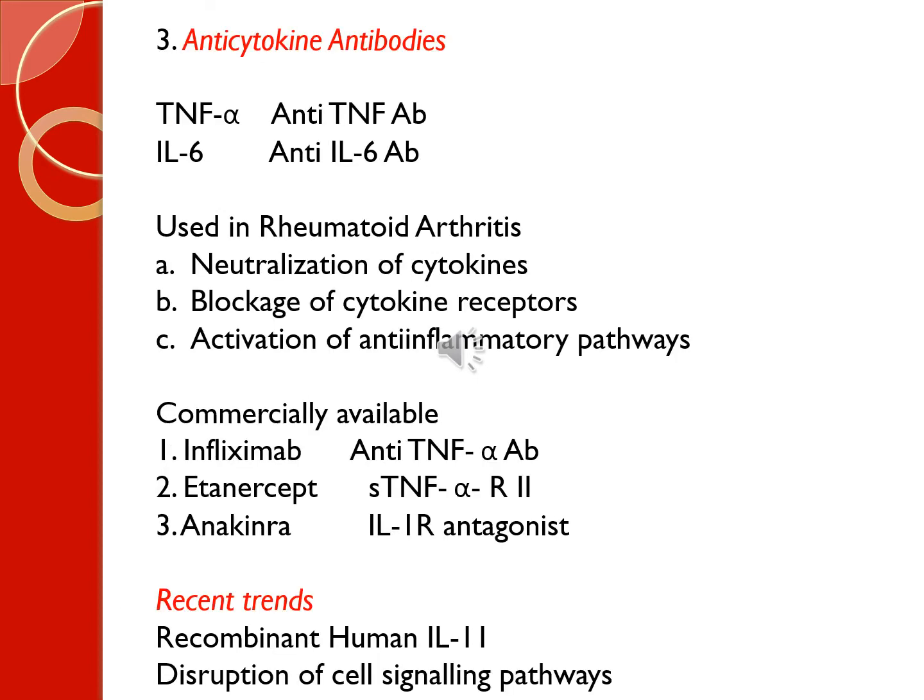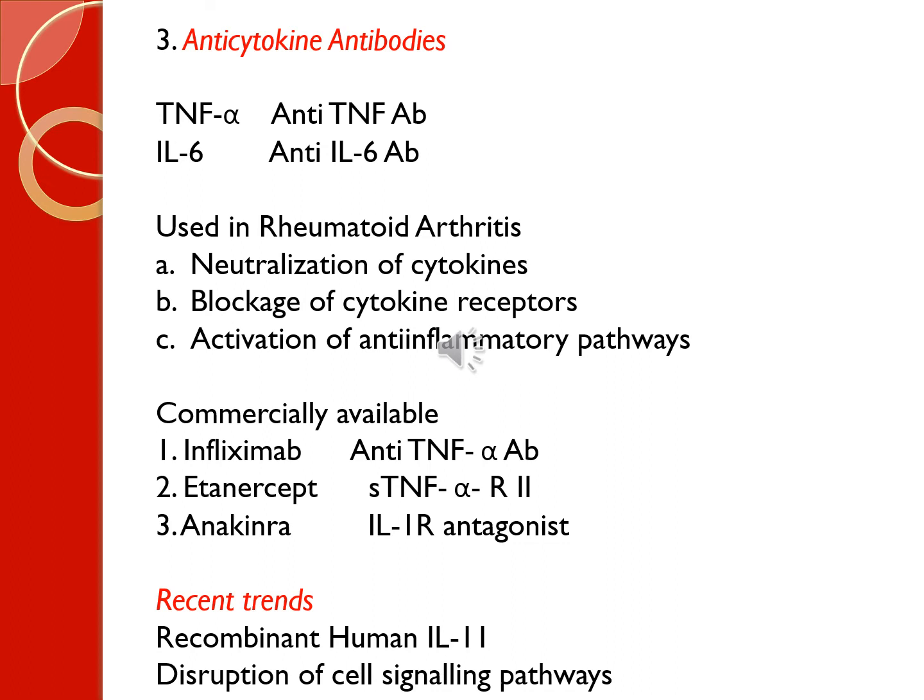Apart from the two mentioned, that is cytokine receptor antagonists and soluble cytokine receptors, which have downregulation or transactivation, you have something called anti-cytokine antibodies. What do you mean by that? Those agents which act as an antibody towards the cytokine. So for TNF alpha, you have TNF alpha antibody, and for interleukin 6, you have anti-interleukin 6 antibody.